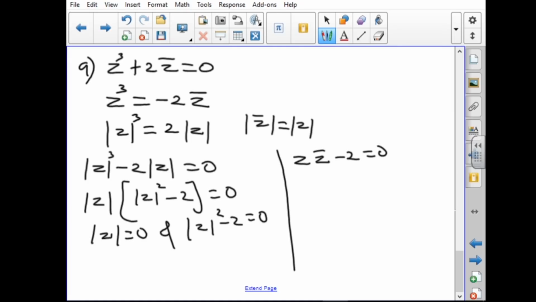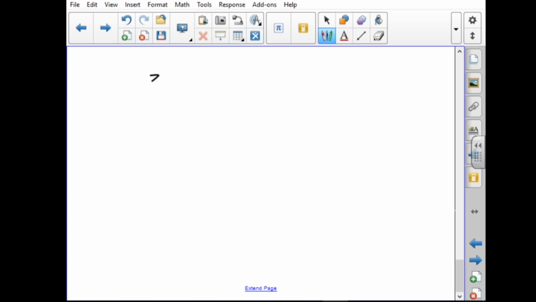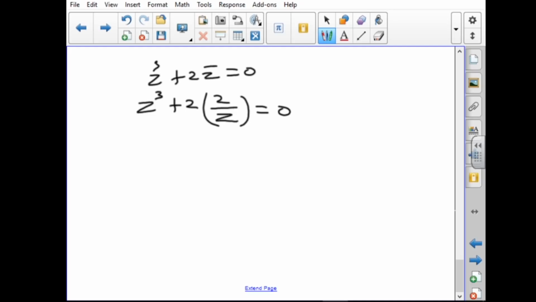Therefore, Z bar is equal to 2 by Z. Now, this we will substitute in the given equation. What is the given equation? Z cube plus 2Z bar is equal to 0. Therefore, it is Z cube plus 2 into 2 by Z is equal to 0.